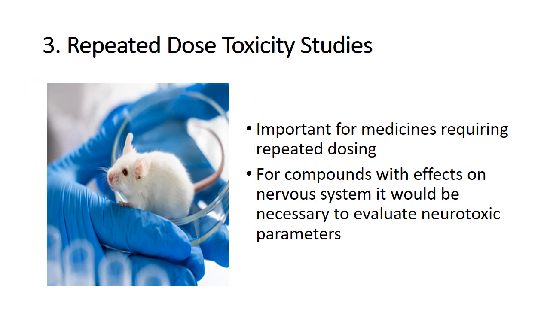And then if your compound is going to be used over a period of time, it would also be important for you to consider doing some repeat dose toxicity studies. And for most of us, we're dealing with compounds which have some neuropharmacological effects. So I would suggest that in the tox studies, you put in neurotoxicological parameters.